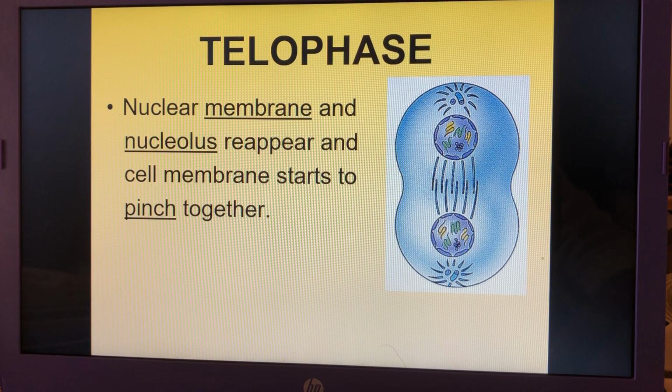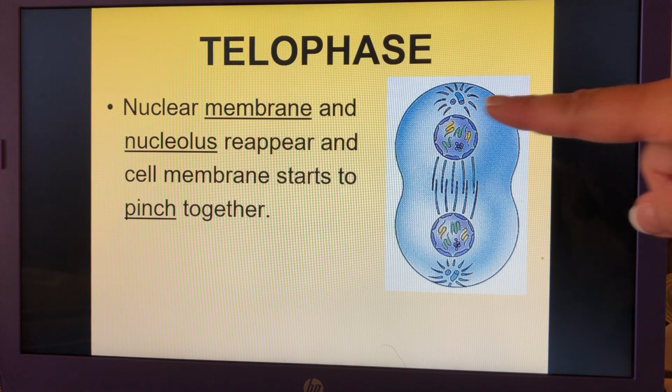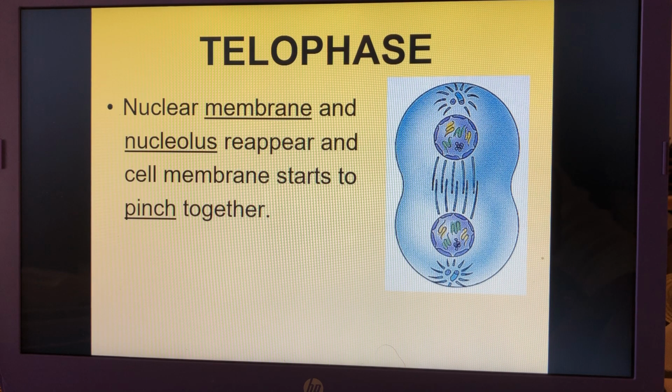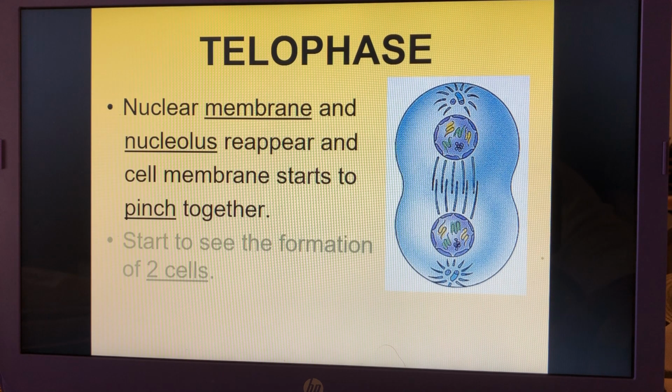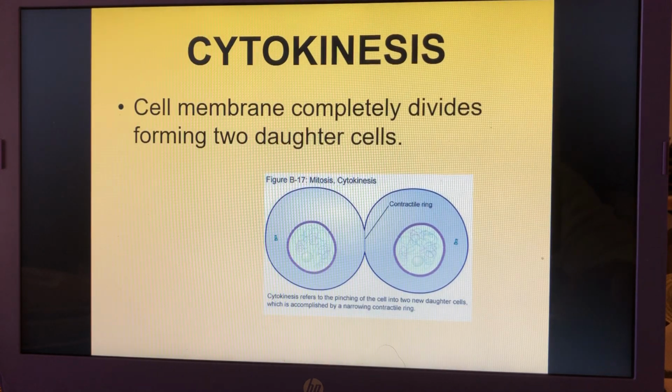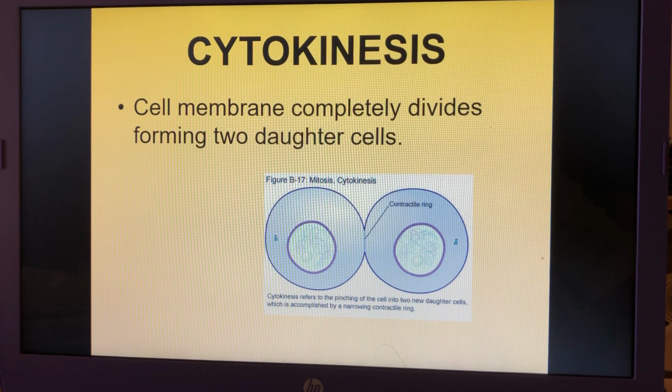The last stage, it's not 2 cells yet. It's just before being there, but the last thing that needs to happen in this is the cytokinesis, which is the third stage of the cell cycle. That is when the cell membrane completely divides, forming two daughter cells. So you started out with one and you ended up with two.